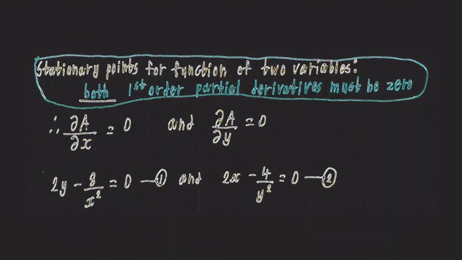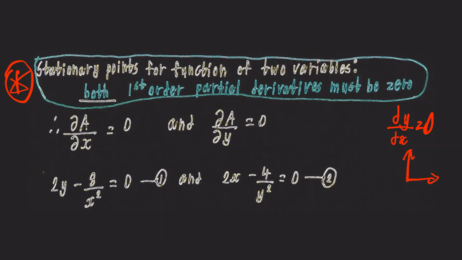So the rule with stationary points for a function of two variables is that both the first order partial derivatives must be 0 at the same time. You might create an analogy with full derivatives, where we want the derivative of something to be 0 for it to be classified as a stationary point.